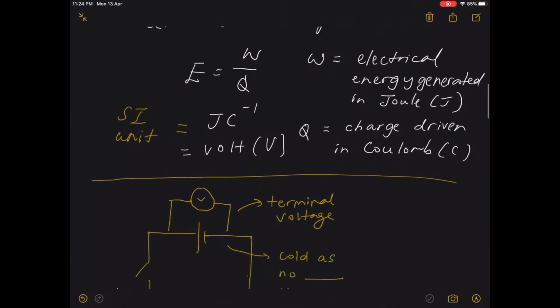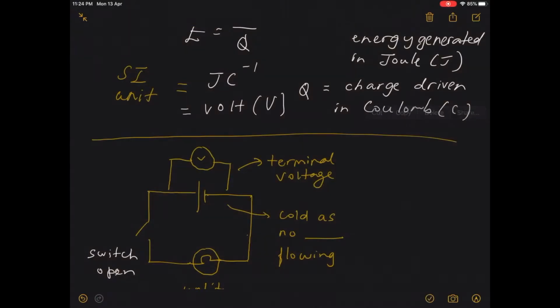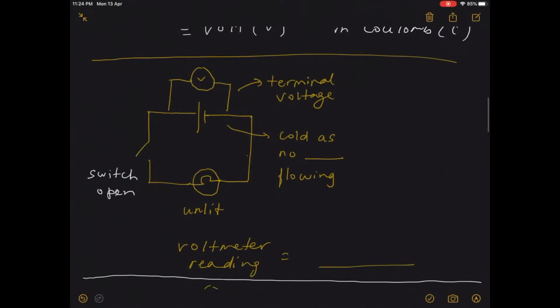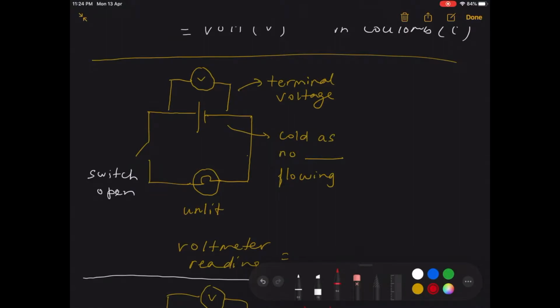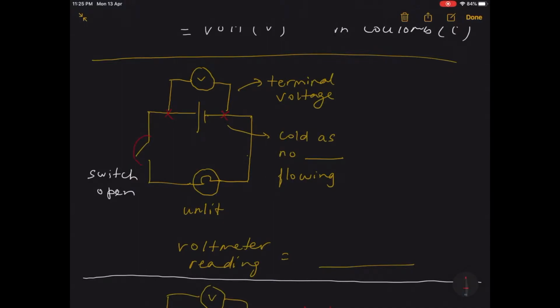Now, how are you going to measure the EMF of a battery? The method is very simple. You put your voltmeter across the terminals of the battery, but make sure that the switch is open. Why?